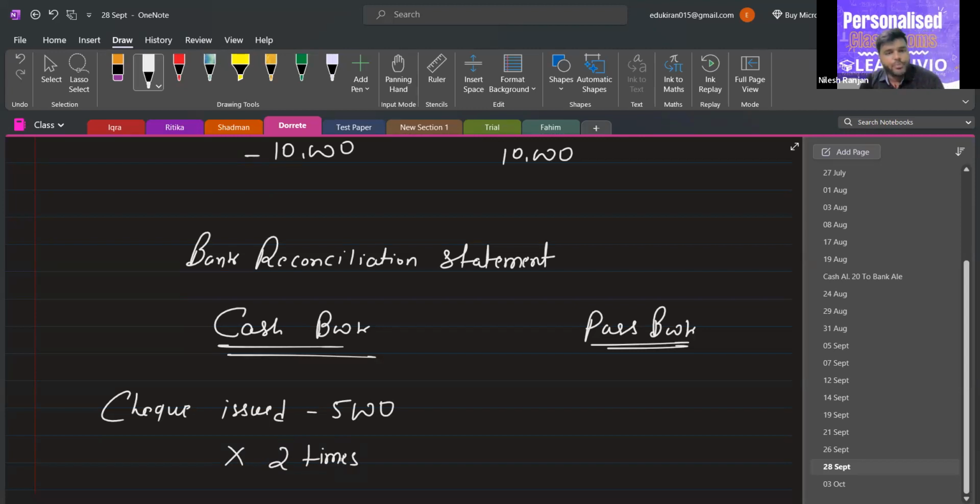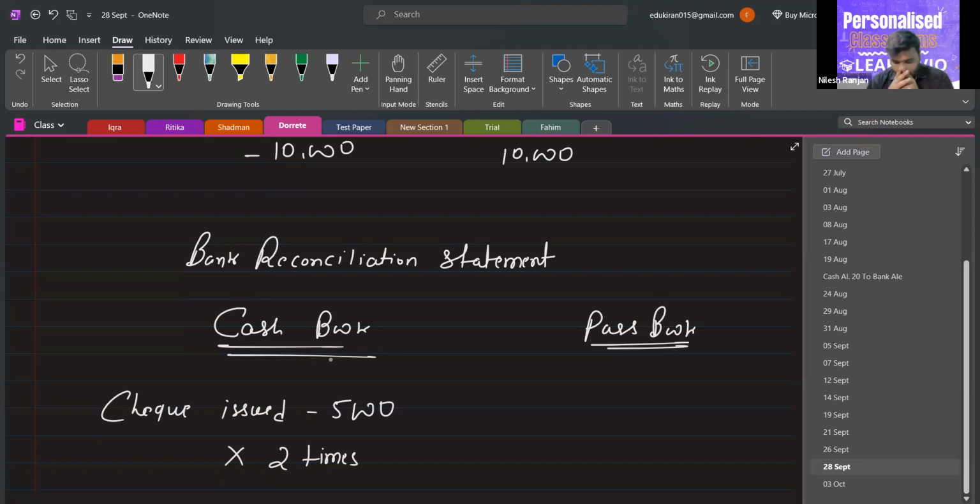Then while preparing the bank reconciliation statement, if there is some error in the cash book, we cannot prepare it with the balance given as per cash book. Yes or no? Yes, sir. Because that is not a correct balance. So before preparing the bank reconciliation statement, we need to correct our cash book balance. Yes or no? Yes, sir.